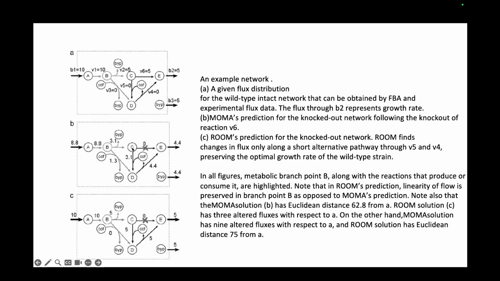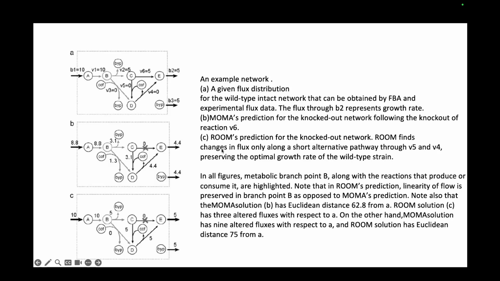This is MoMA's prediction in terms of fluxes. It predicts 4.4, 4.4, and 8.8, compared to the 10 and 5, when it is just trying to minimize the difference between the wild type and the knockout. And this is ROOM's prediction.